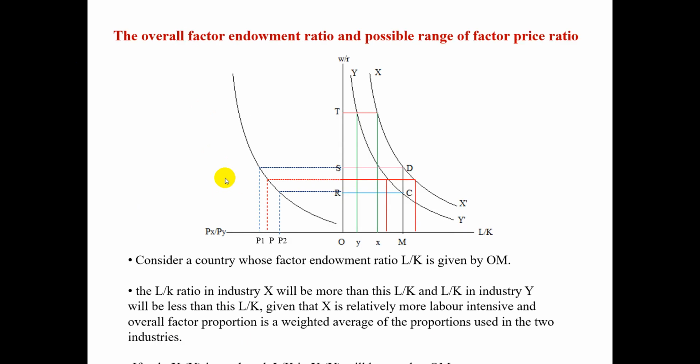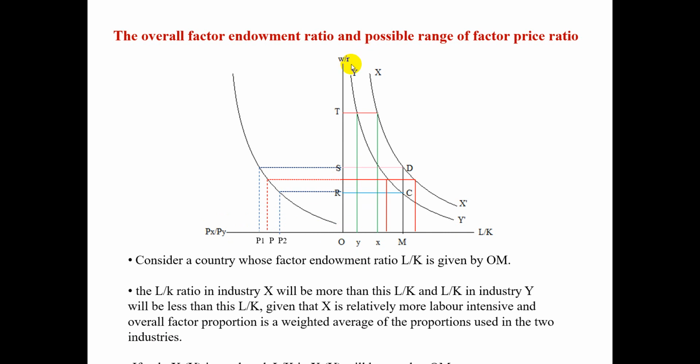So now we consider these three relationships in the diagram. We start from this origin O, and along the horizontal axis towards the right, we measure the labor capital ratio, the factor endowment. And starting from O towards the left, we measure Px by Py.